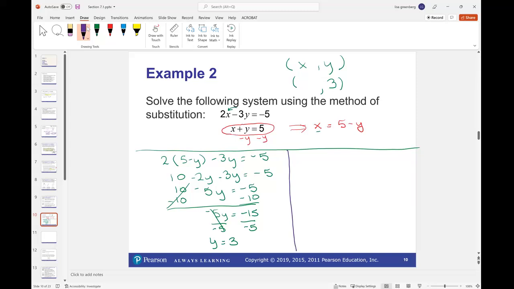Well, I know that x equals 5 minus y because I've already said that's true, right? So that means that x is going to equal 5 minus 3, which equals 2. So my ordered pair here is 2, 3.